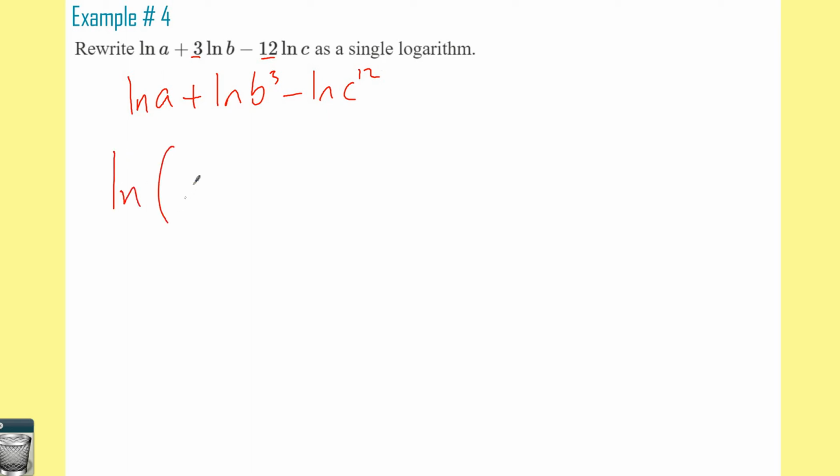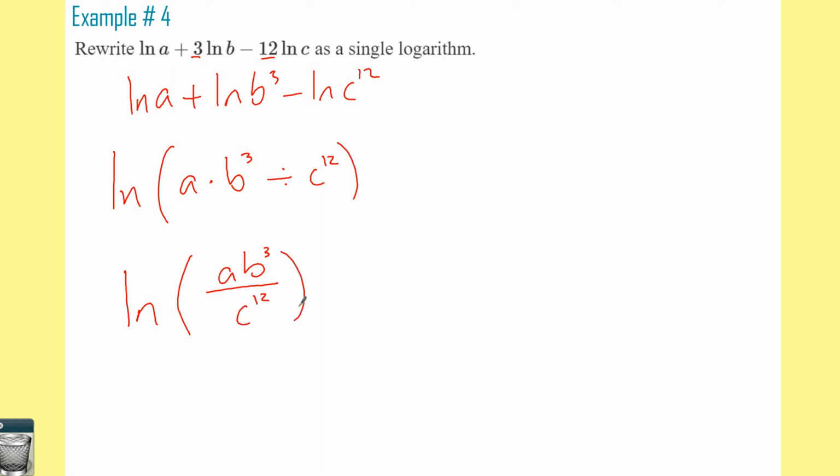The natural log of a times b cubed divided by c to the 12th. That's not how we write it, of course, but that's what we're doing. So we get ab cubed divided by c to the 12th. And there we have it, a single logarithm.